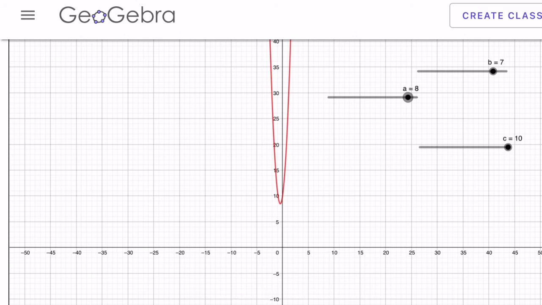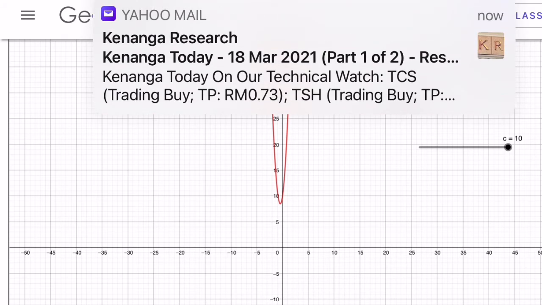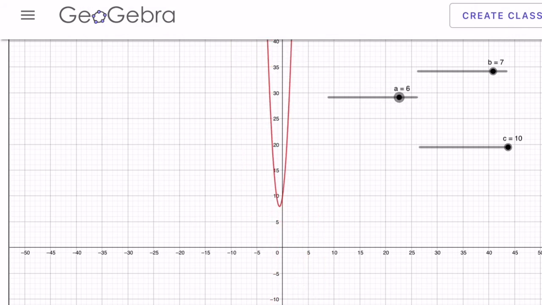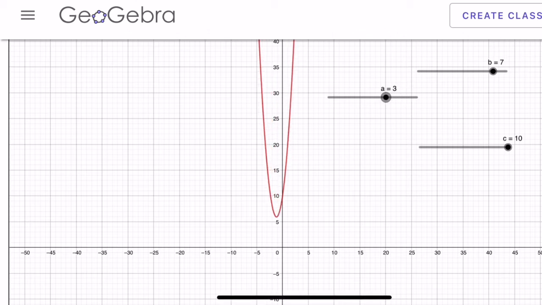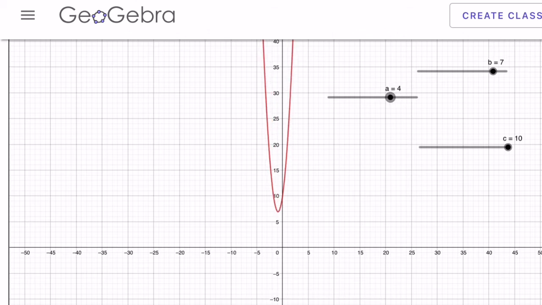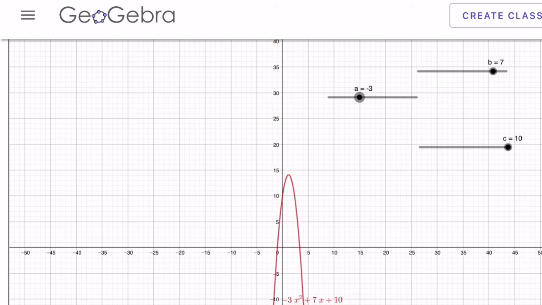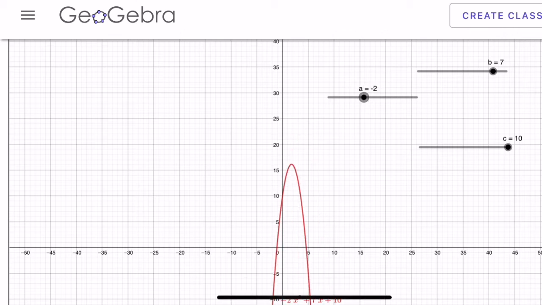However, the y-intercept remains unchanged. When a is more than 0, the shape of the graph is a U shape which passes through the minimum point. You can see there is a minimum point. And when a is less than 0, the shape of the graph is an N shape which passes through the maximum point.